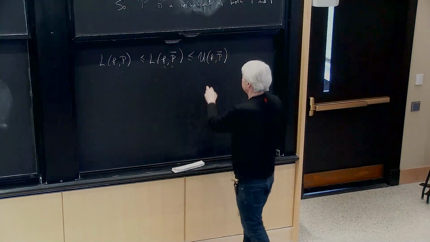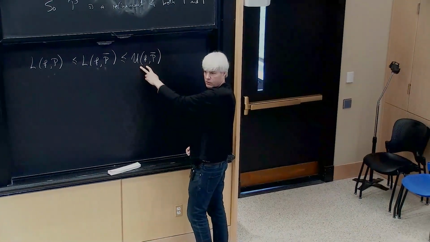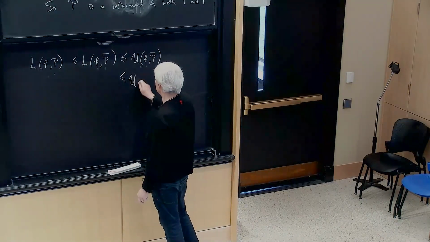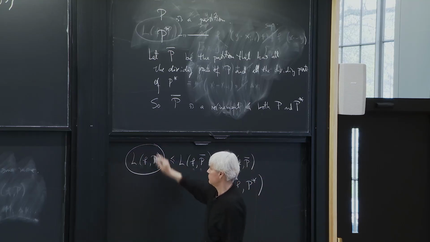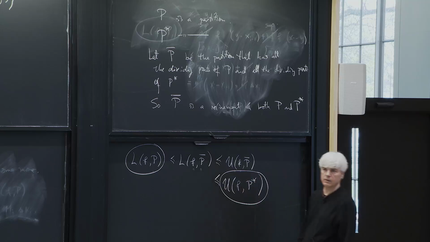And this here is now a refinement of P star, so the upper sum goes down. So this is less or equal to U F of P star. And so there you have it: the lower sum for one partition is always smaller than the upper sum for the other.